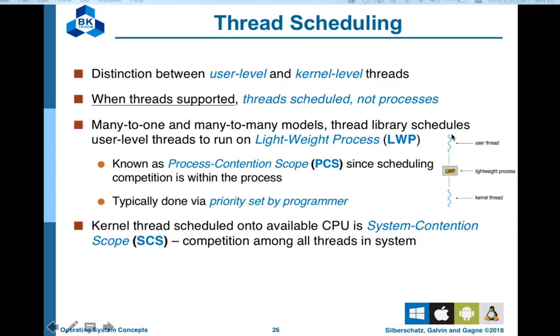An application may require any number of lightweight processes to run efficiently. For example, an application requires 5 lightweight processes, and this demand can be satisfied by the operating system.